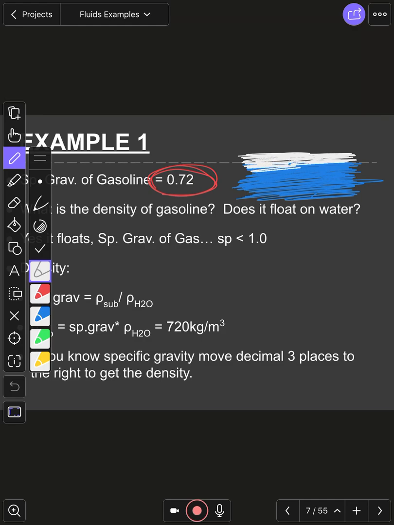But some of it is going to be below, and actually 72% of it will fall below that water line. So some of it is on top, but there is still a lot in the water. So we're not confident enough to drink out of the bottom of that puddle. The whole idea is that 72% of the gasoline that is poured on the water will fall below the line, will be in the water.